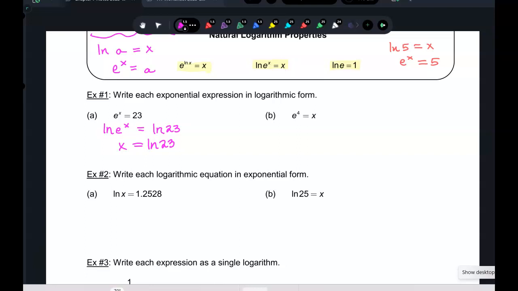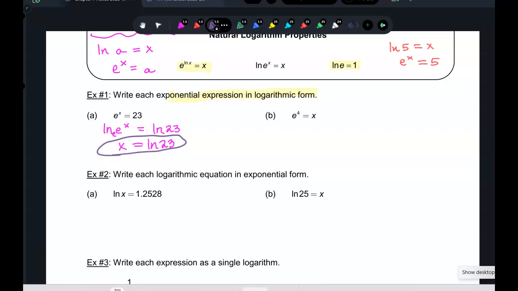So picture there's a little e here. What happens is these cancel and I'm just left with x. So here we're just writing an exponential into logarithmic form, so we can leave this answer. And if we wanted to find the actual value, we could plug it into our calculator.